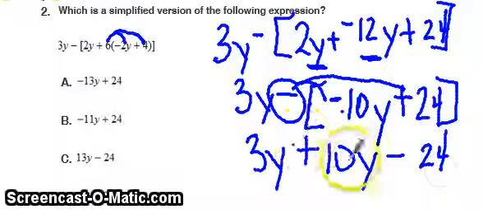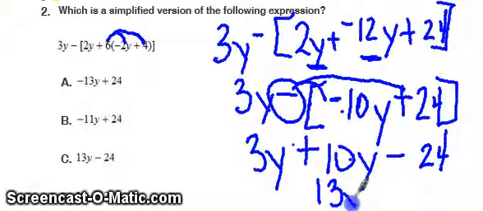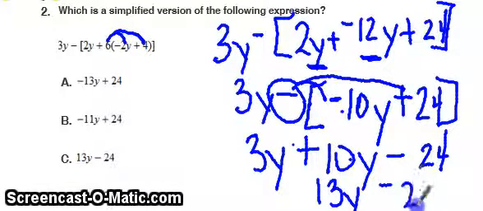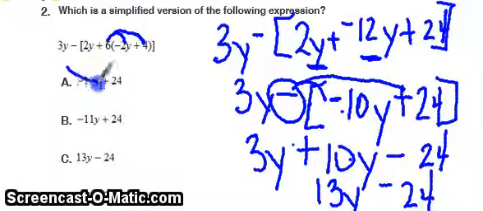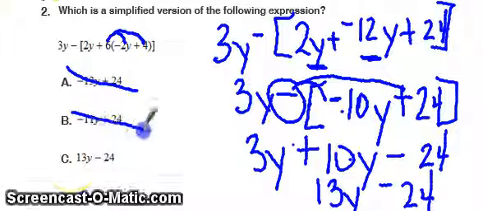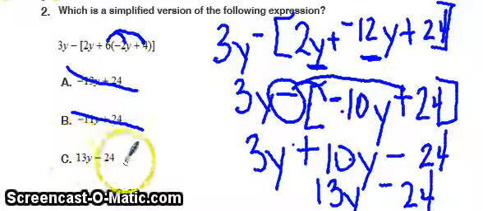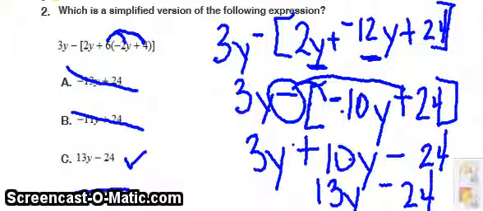And 3y plus 10y is 13y minus 24. The answer that says 13y, this says negative 13, this says negative 11y, this says 13y minus 24, this one says 13y plus 24. Correct answer here should have been C.